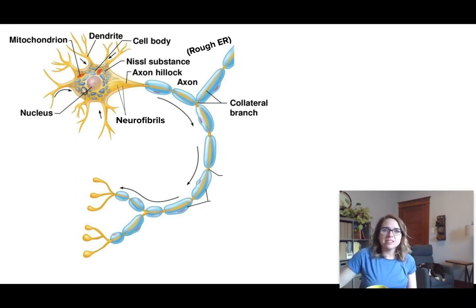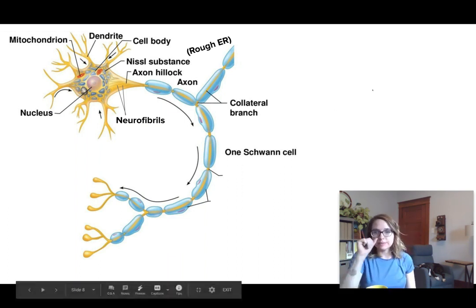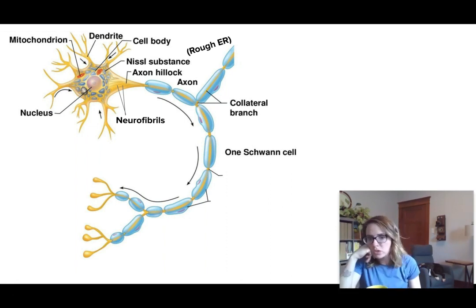And then if you notice, there are these blue things wrapped around them. Those blue things that are wrapped around them, that's the Schwann cells. So this is representing just a single Schwann cell. So obviously there are a whole bunch of Schwann cells all over this. If that name sounds vaguely familiar to you, in Bio 1-2, you learned about the cell theory, that all living things are made of cells, and the cell is the basic structural unit and function of living things, and all cells come from pre-existing cells.